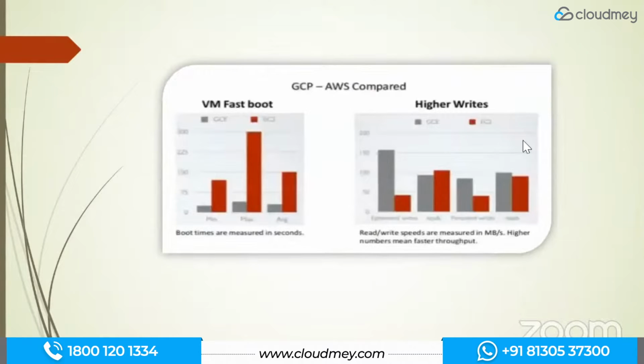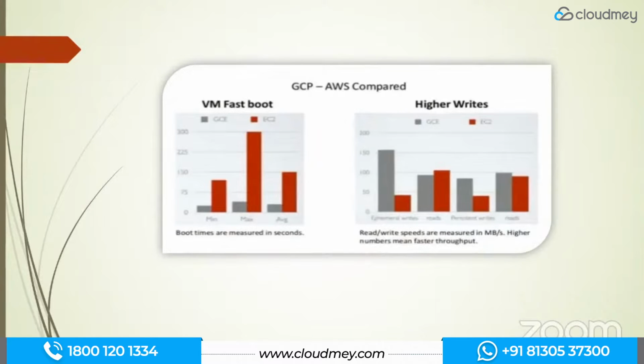And the second slide explains the VM fast boot. I mean, whenever there is a reboot of any machine, it happens very quickly as compared to AWS or Azure. And the read-write speeds, in MBs, are much higher than AWS and Azure. So the first diagram explains the VM fast boot.